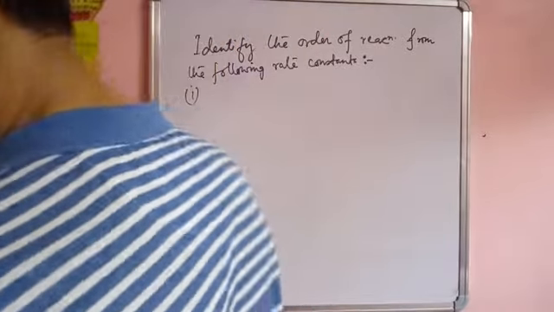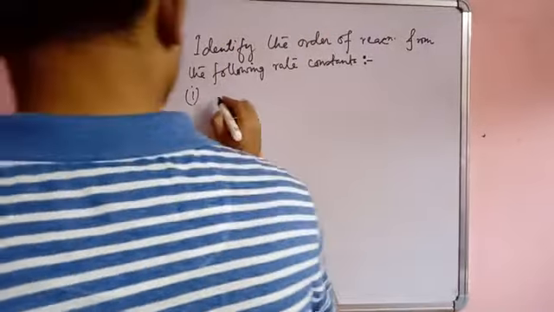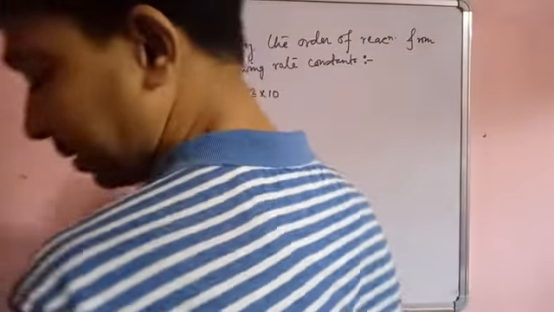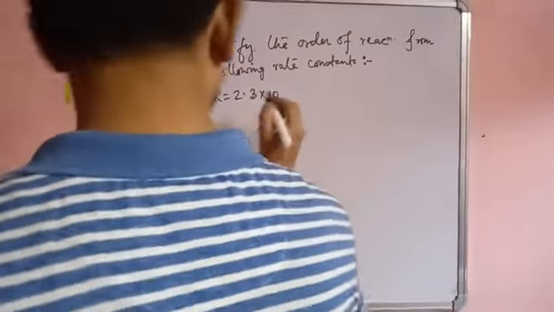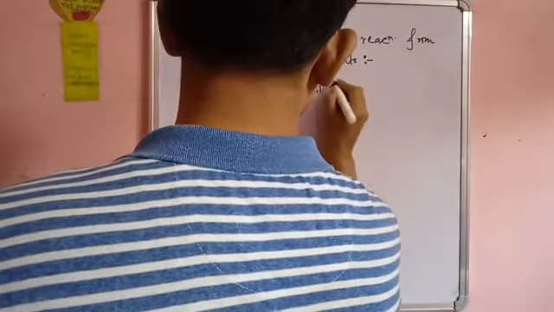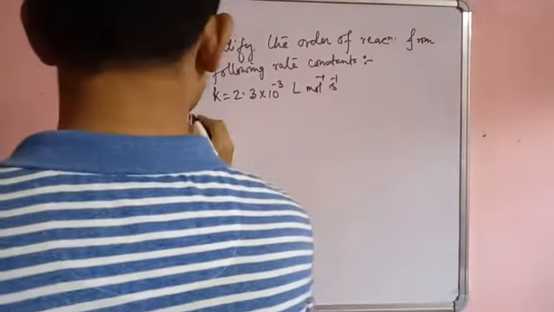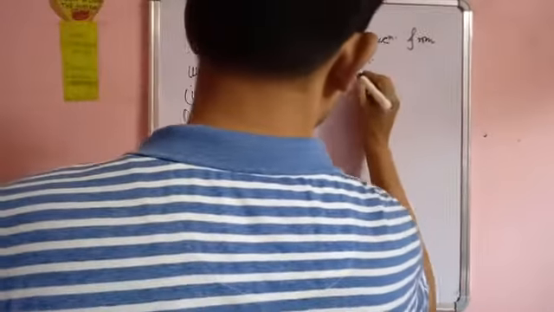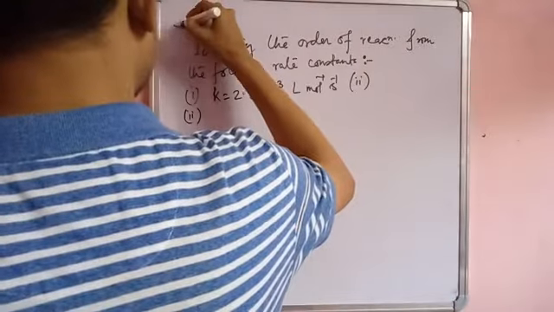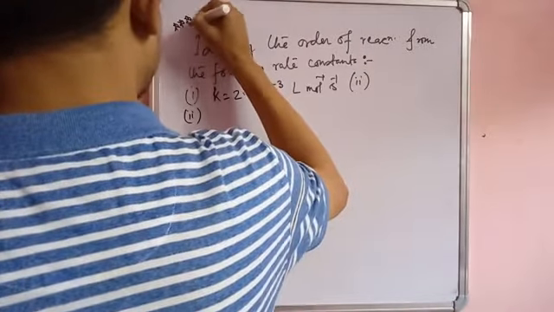Number one is k equal to 2.3 into 10 to the power minus 3 liter per mole per second. This is a very important question; you can put so many stars as you like.